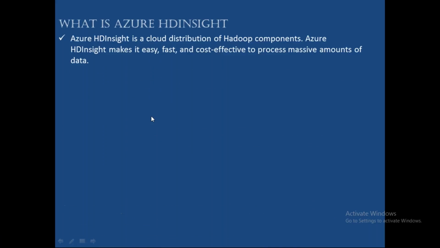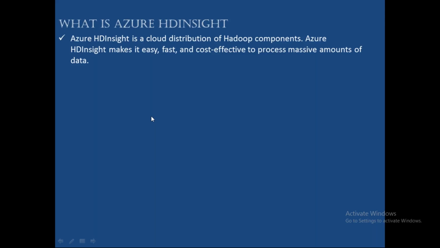What is Azure HDInsight? Let me tell you. Azure HDInsight is a cloud distribution of Hadoop components. Basically, if you want to use any Hadoop components, then you need to use Azure HDInsight. For example, if you want to use MapReduce or HBase, or anything Hadoop related, or Kafka, you need to go for the Azure HDInsight service, because Kafka cluster, MapReduce cluster, HBase cluster, all those clusters are not available in Azure Databricks.